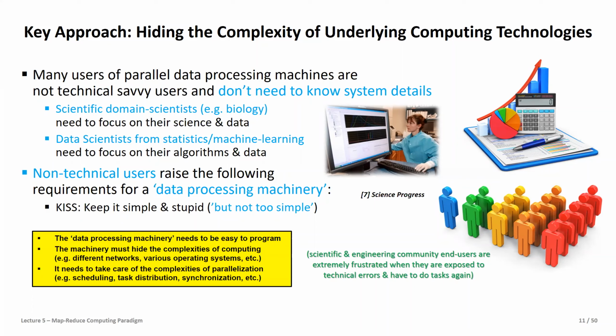So it's something to say in one click in the cloud, I want a data processing machinery that does a little bit of machine learning, a little bit of statistics, comes back to me, and then gives the results. I don't want to know the deep down details. If it's a Spark cluster, a Hadoop, or an HBase connected to HDFS, I don't want to know these details. And for this, cloud is of course the perfect thing to do. You don't care about scheduling, task distribution, synchronization, and so forth.